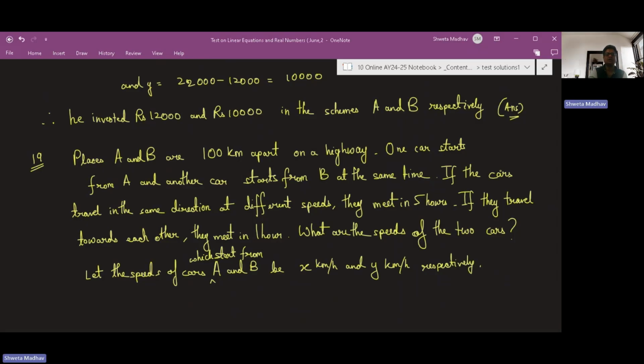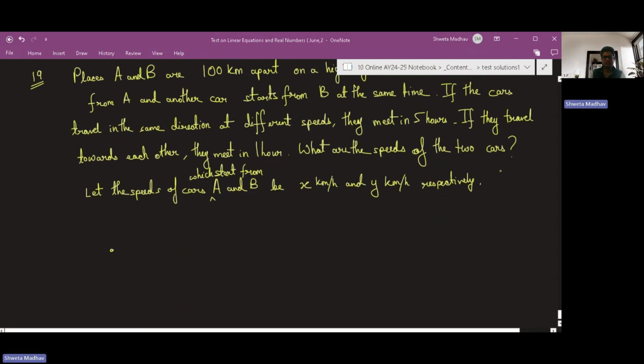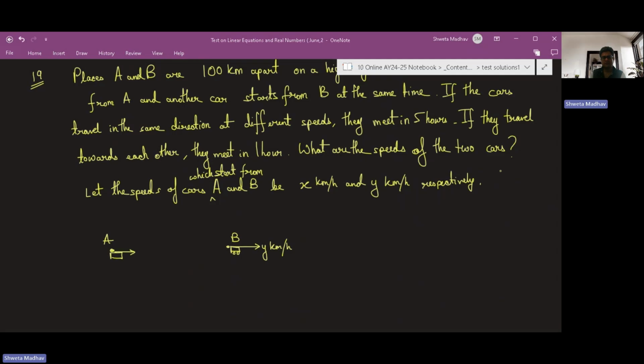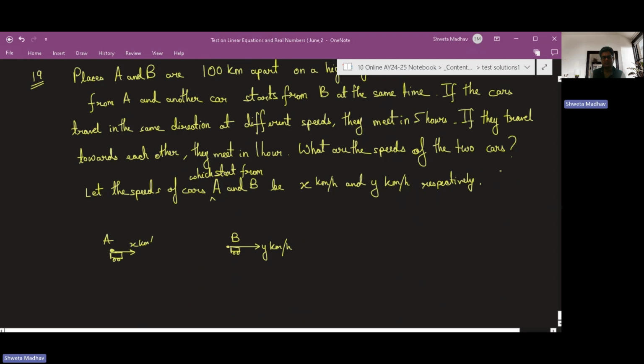So suppose here is the place A and here we have place B. The car which starts from place B has the speed y kilometers per hour, and the car which starts from place A has speed x kilometers per hour.